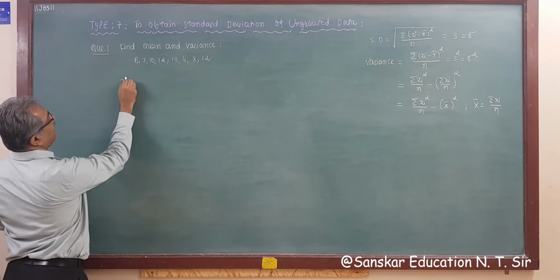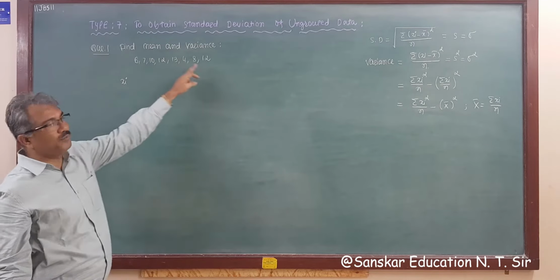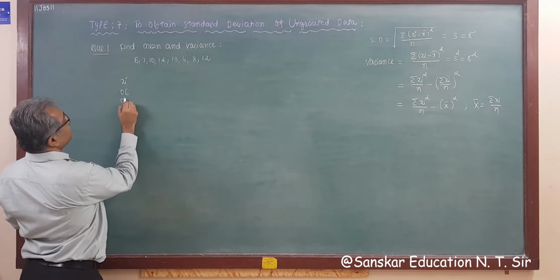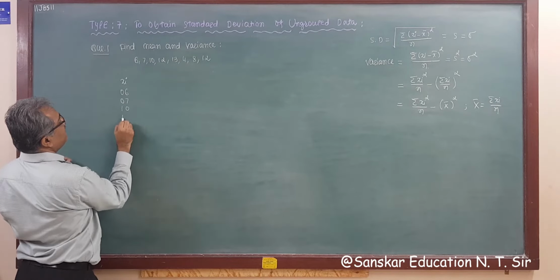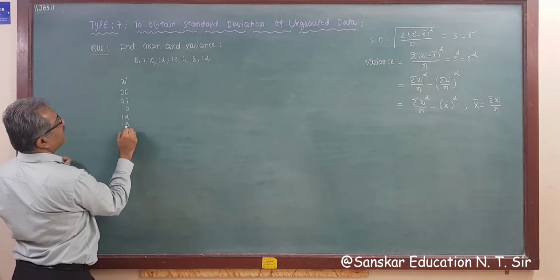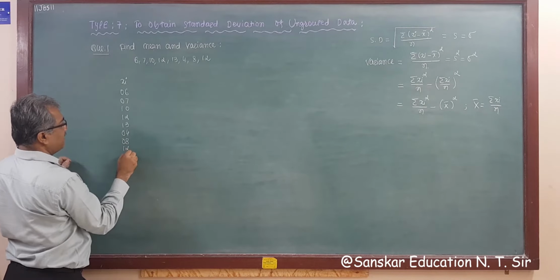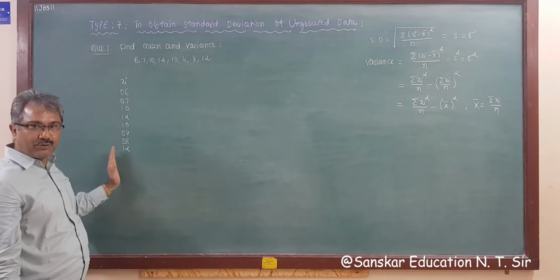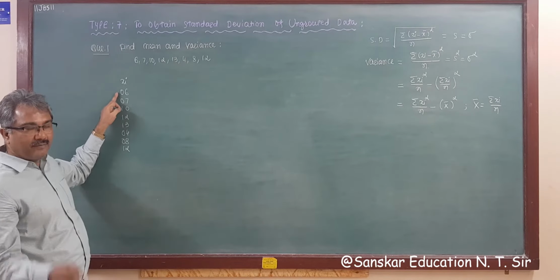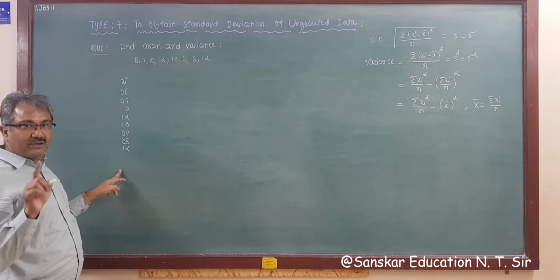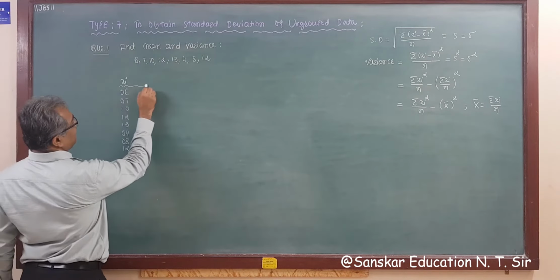These are the observations given: 6, 7, 10, 12, 13, 4, 8 and 12. This is our style to write: never write 6 only, put 0 because there are 2-digit numbers also. So this is your xi.